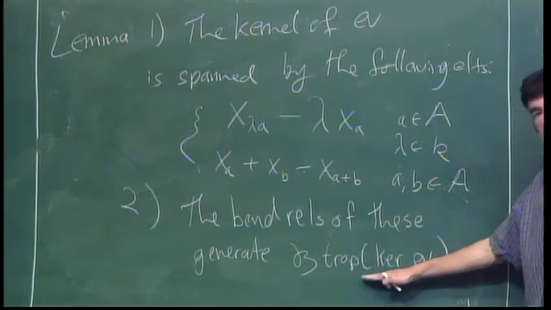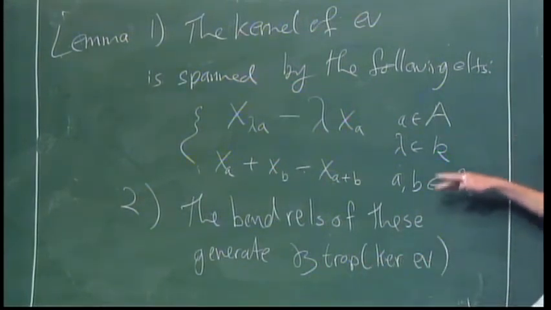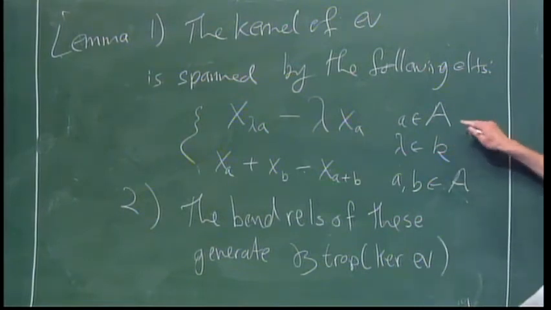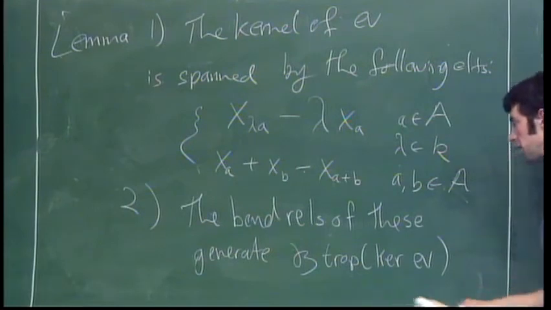So this is the full system of equations that describes the tropicalization. And I'm saying that it's enough to take the bend relations associated to this much smaller system of generators of this ideal. So that's an important technical thing there.